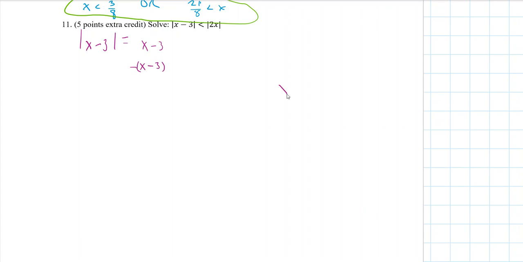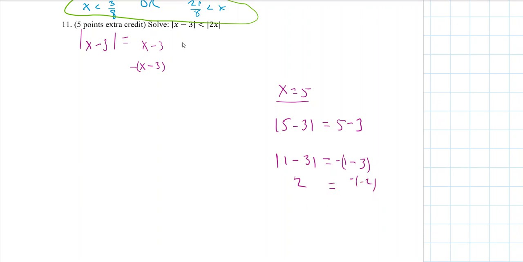So for example, if x is equal to 5, the absolute value of 5 minus 3 is just 5 minus 3. Not a problem. If I go below 3 though, I can't just do this because that's positive and that's negative. So I have to slap a negative sign in front of it. Now it's true, right? This is 2 and this is minus a minus 2. They're equal.